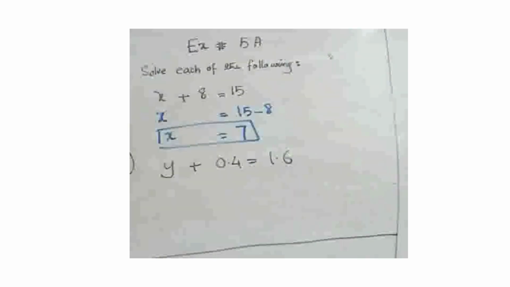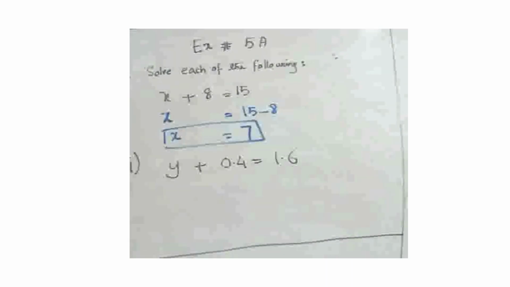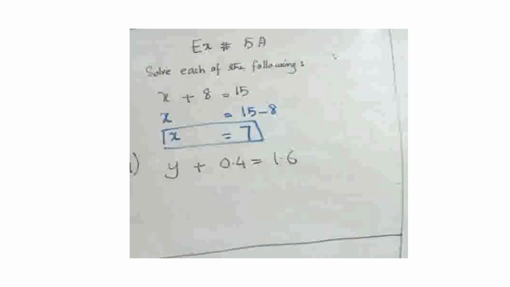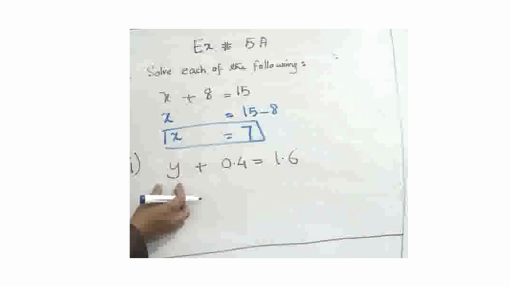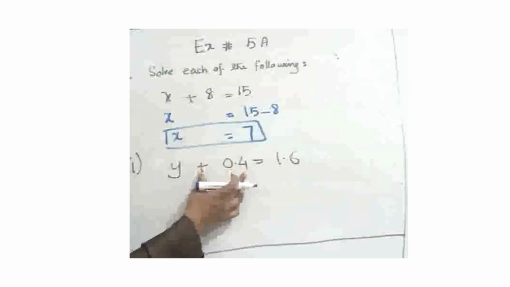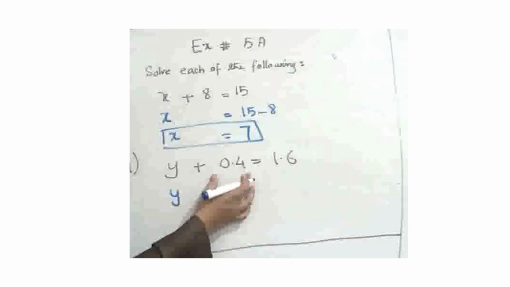Okay? So it will be y plus 0.4 is equal to 1.6. So what to do? You have to make this variable, it doesn't matter whatever variable it is, alone. So y has plus 0.4.